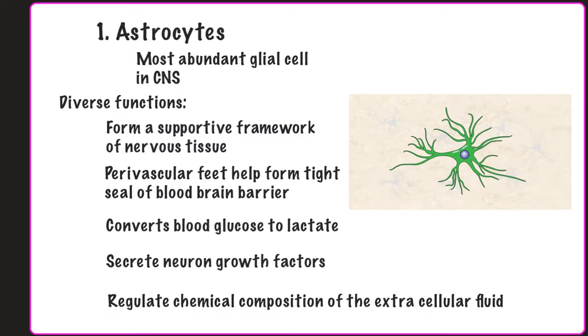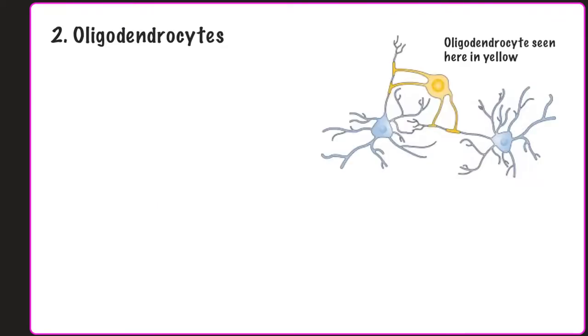And so they're really acting as a great support cell within the central nervous system. If you've forgotten already, remember that the central nervous system includes the brain and the spinal cord. The next type of neuroglial cell that we find within the central nervous system are oligodendrocytes.